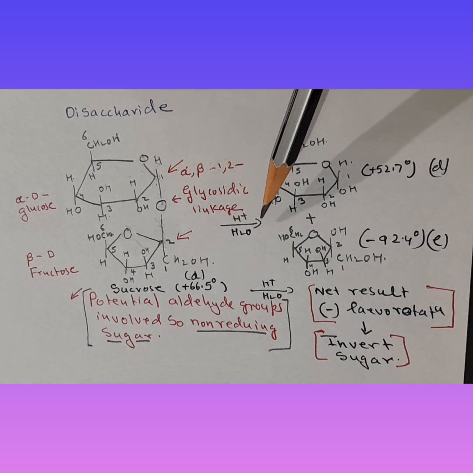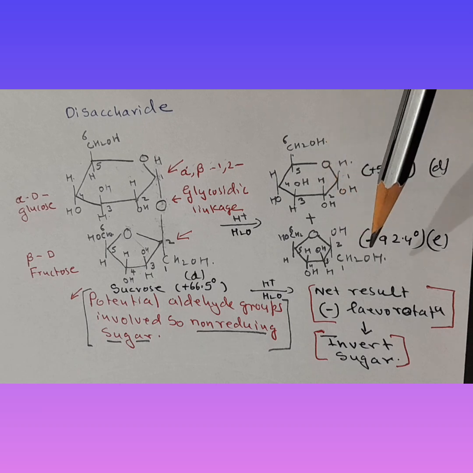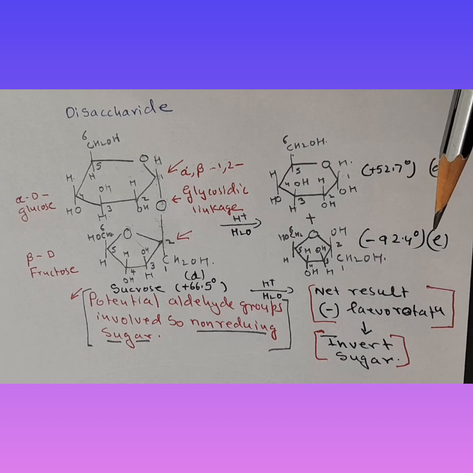Whereas on hydrolysis, this breaks up into glucose and fructose. Glucose has optical rotation plus 52.7 and fructose has optical rotation minus 92.4. Obviously this is dextro and this is levorotatory.